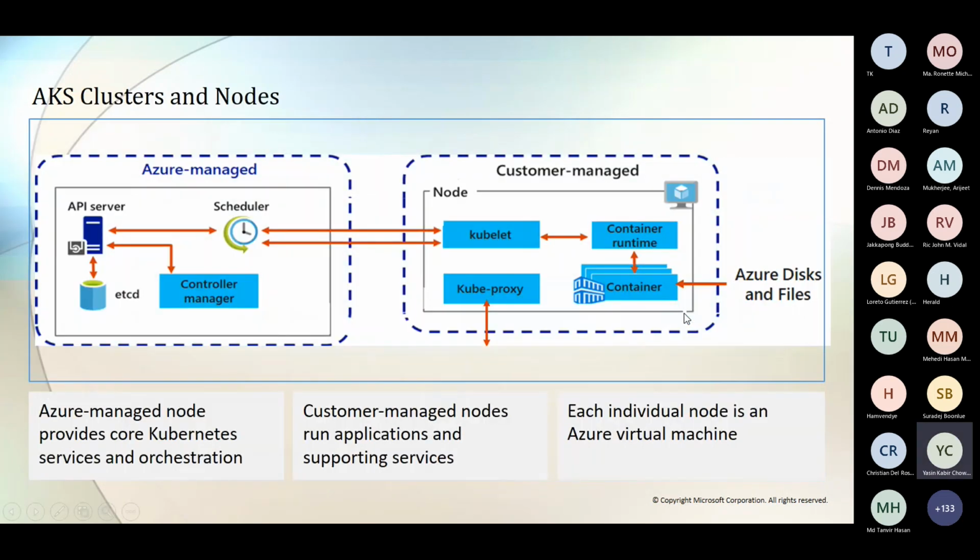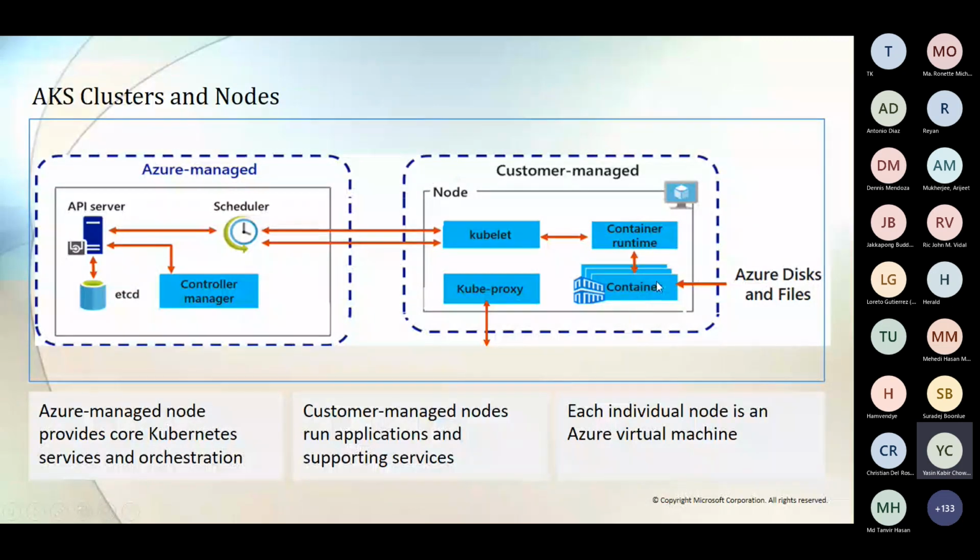So nodes, clusters and nodes. What are clusters and nodes? Azure managed nodes provide core Kubernetes service and orchestration. Node means a VM. In the VM, there may be 2 or 3 containers. In Kubernetes, when they create a VM, that VM can contain containers, and the container runtime will take the data from the Azure disk files.